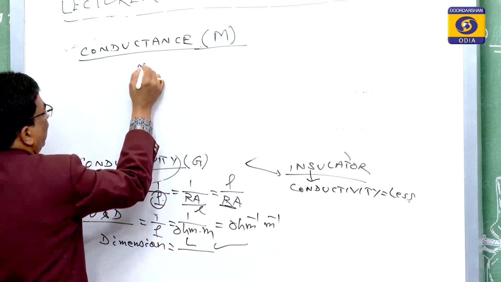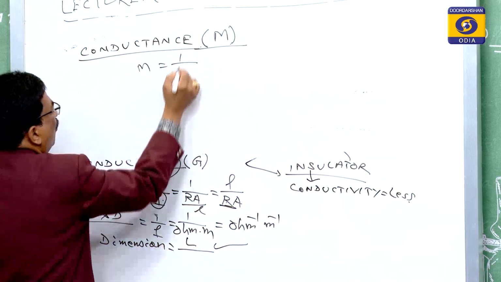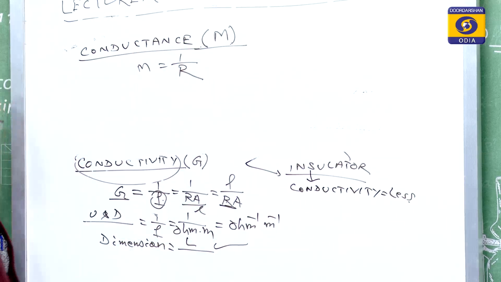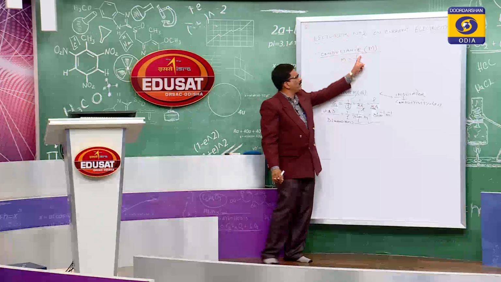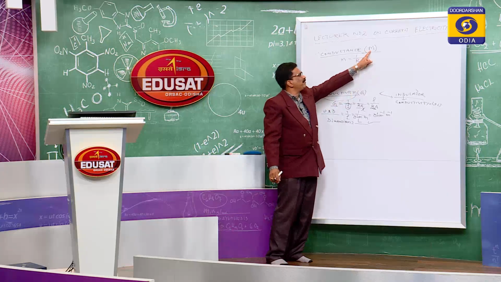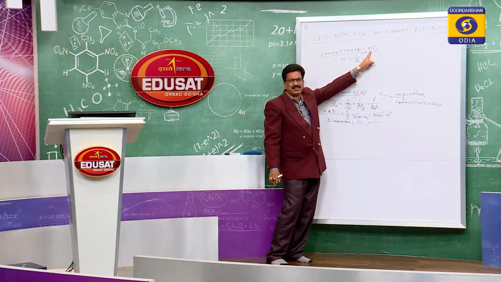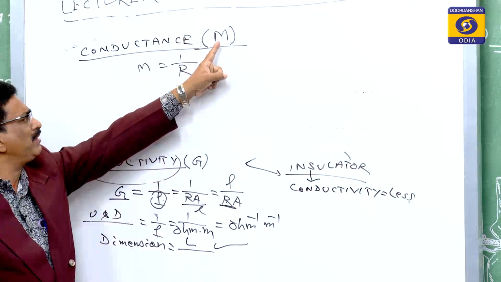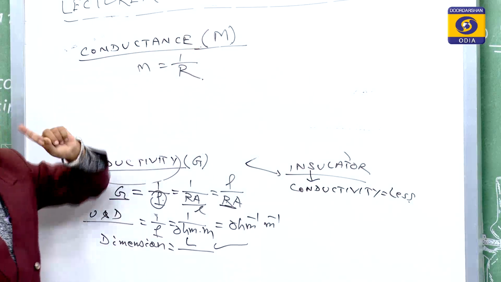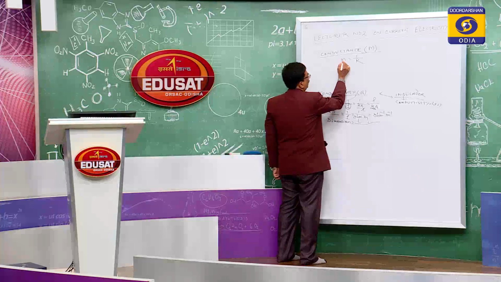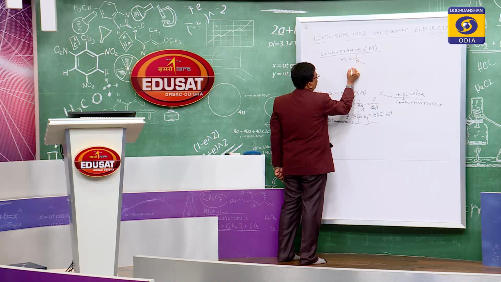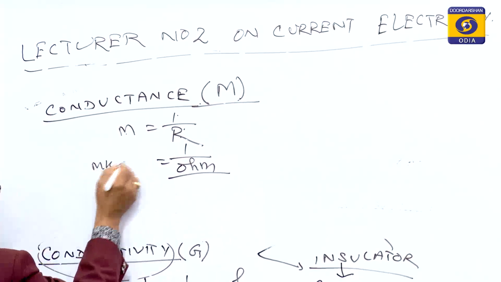Conductance is defined as the reciprocal of the resistance. The symbol does not matter, whatever symbol you write, but the pronunciation should be the same as the original one. So M is equal to 1 by R, and the unit of R is the ohm.